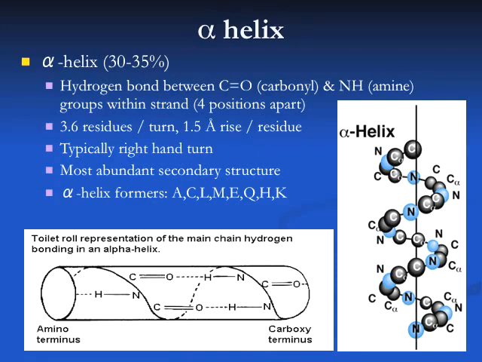About 30 to 35% of proteins are alpha helices, and they're typically right-handed turns. These are the most abundant secondary structure, and you'll notice the amino acids there: alanine, cysteine, leucine, methionine. These are the primary alpha helix formers, okay? So those would be good to know.